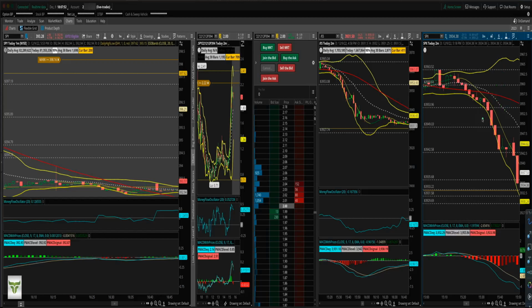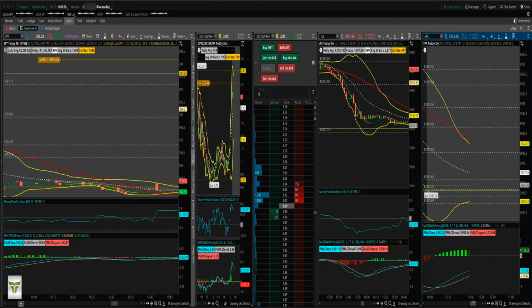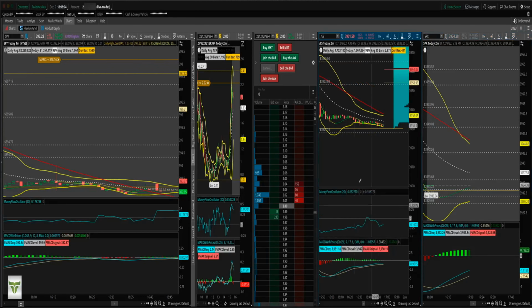To the downside, all the way. And then the MAC has got to follow afterwards because it's momentum, right? So it's got to follow the price action. And that turns out to be the move. And you see it right there. So let me come over here.